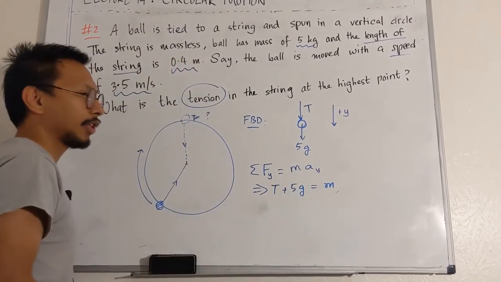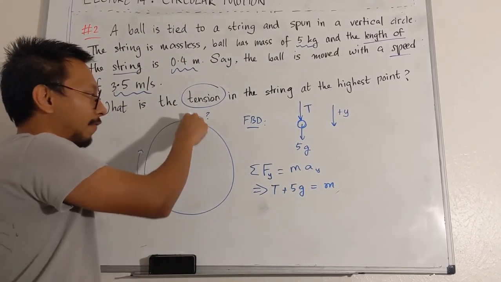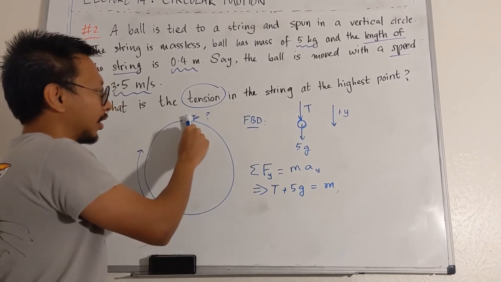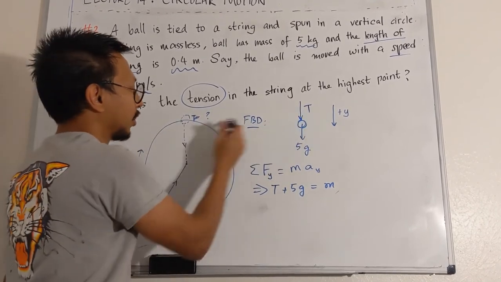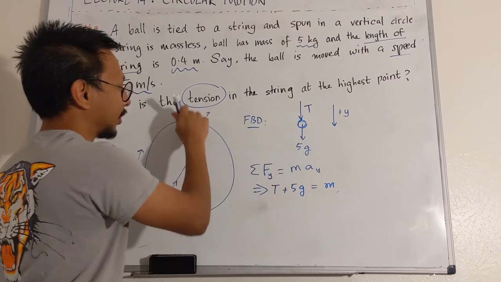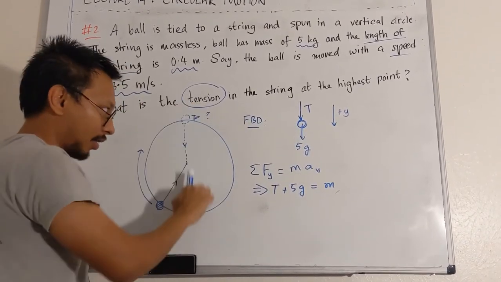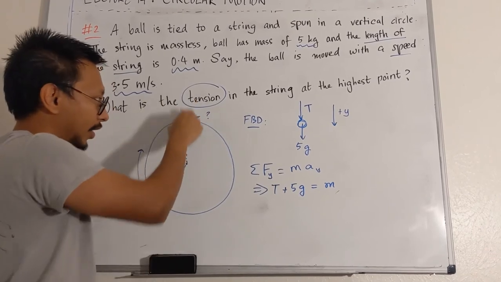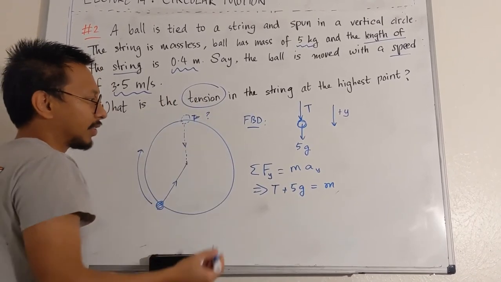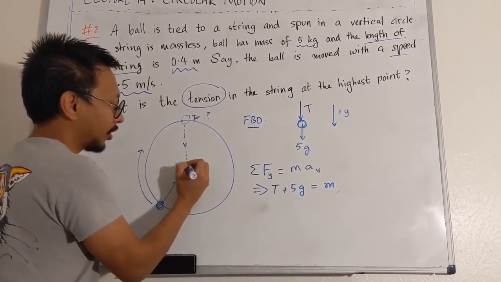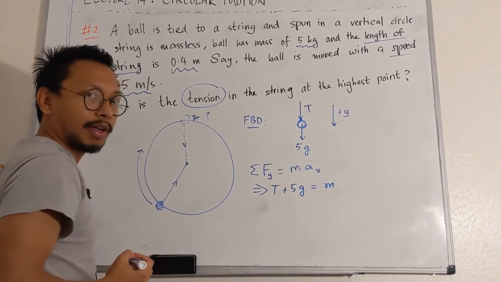What is the acceleration in the y direction? Remember, a force causes an acceleration. There is a force on the ball, which is the tension, and its weight, and both are in the y direction, vertically downwards at this point. Hence, the acceleration is also pointed towards the center, vertically downwards.